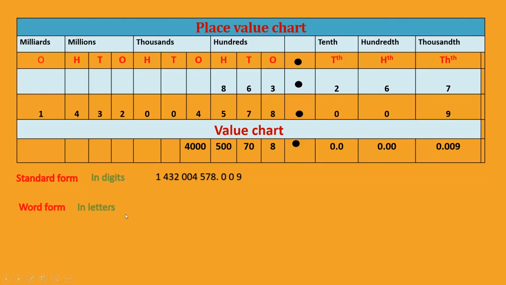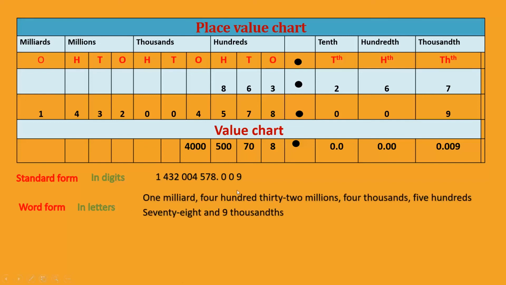Word form is in letters, so we must write the letters: 1,432,000,000 and 4,578 decimal point and 9,000.